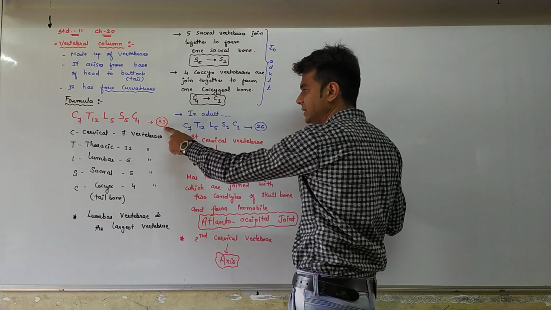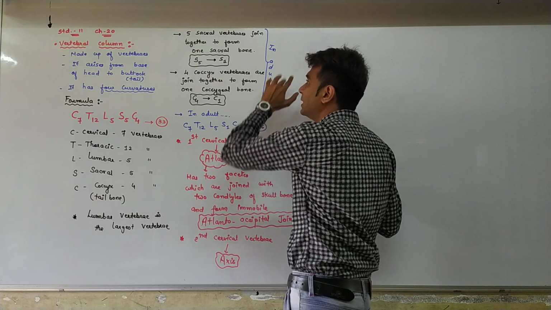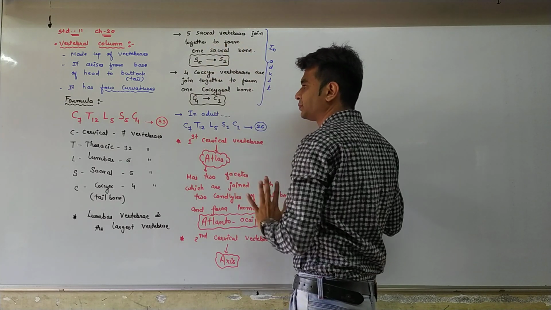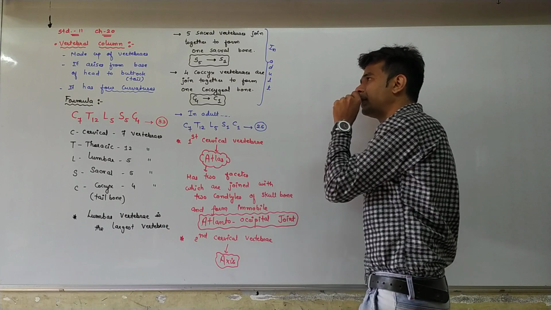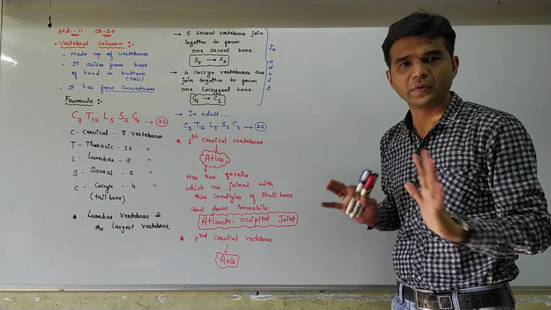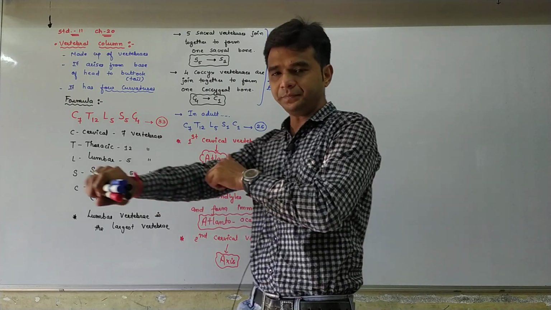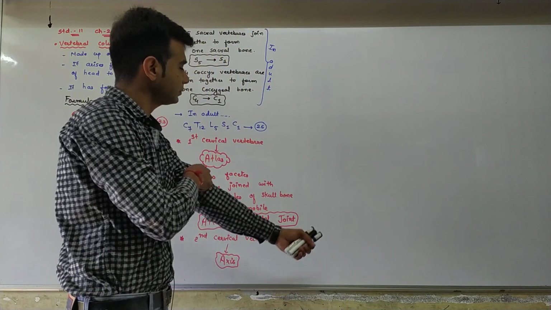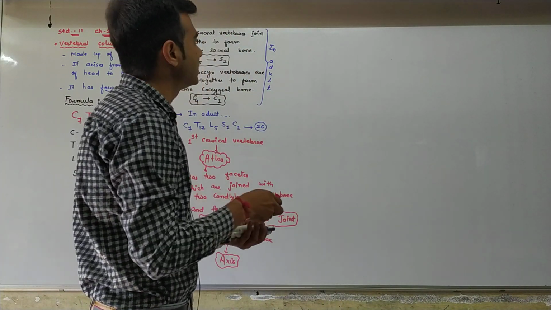And how the 33 bones become 26, that I explained to you. So from my side, the axial skeleton is over. Fine. Now, appendicular skeleton.